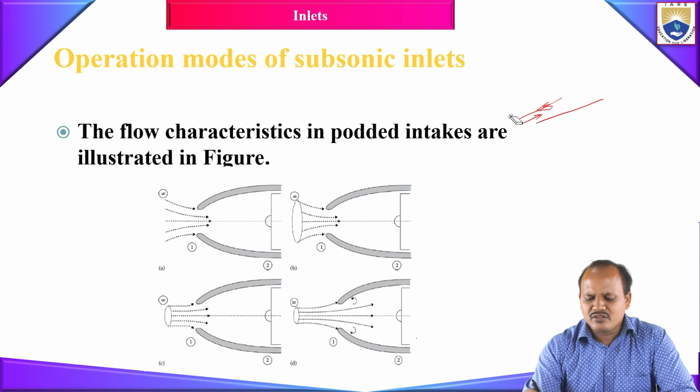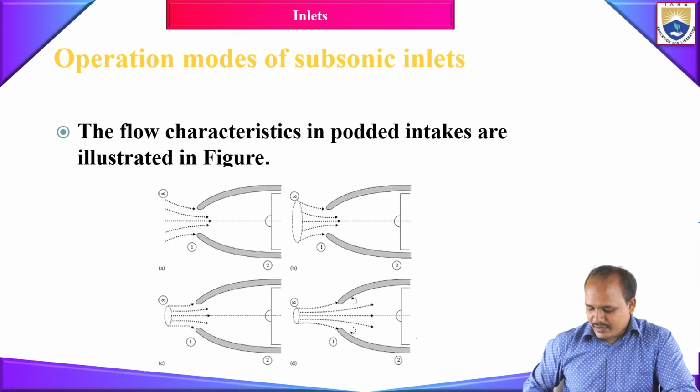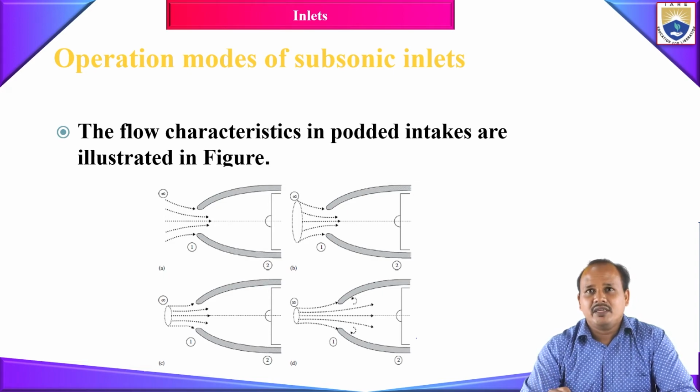Okay, so here I have just shown you the schematic of a podded intake. We are going to take an intake which is most commonly used in commercial aircraft. Let us take a first case where my aircraft is still, on the ground. Now I'm going to start my engine.